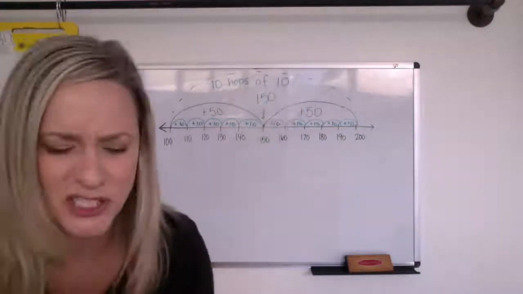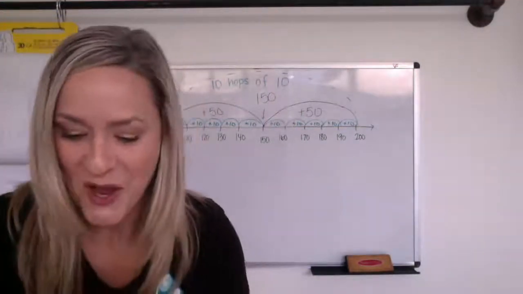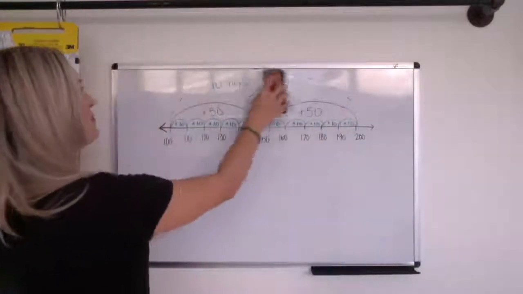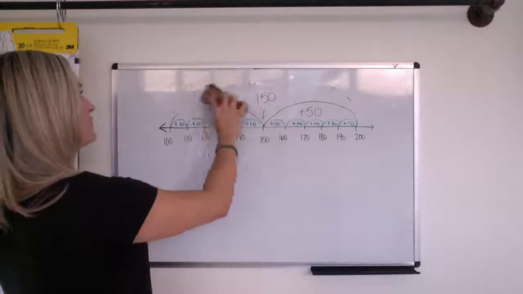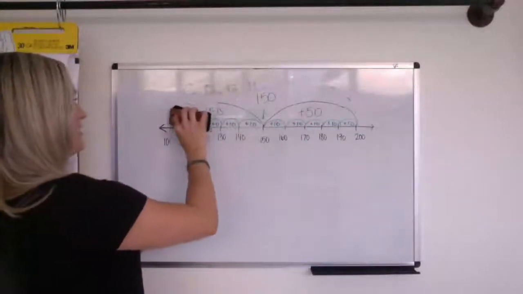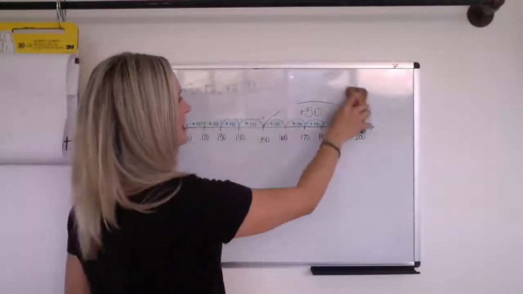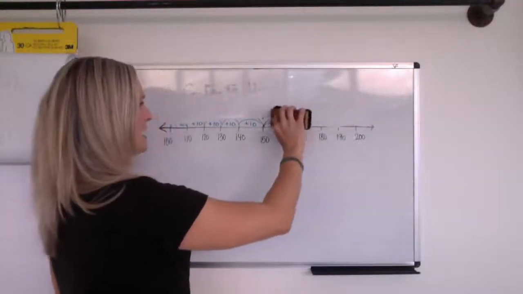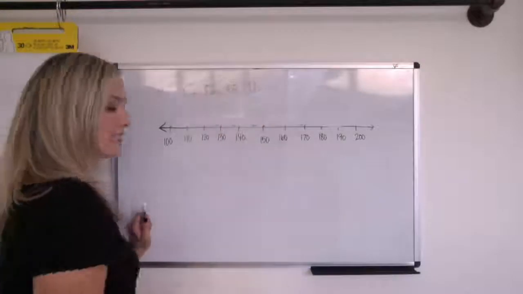Yeah, there's so many things to notice and wonder, right? Okay, I'm going to ask you now, if I put a little spot on the number line, ooh, look at that. If I put a little spot on the number line and another little spot on the number line, how many hops would you have to take to get there?